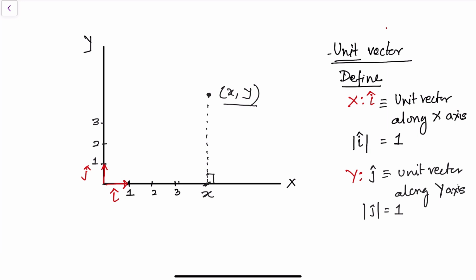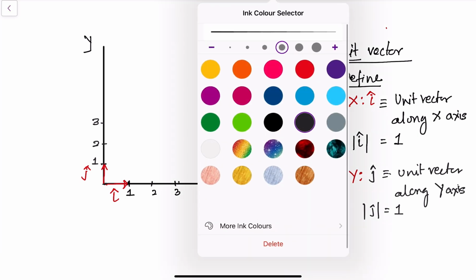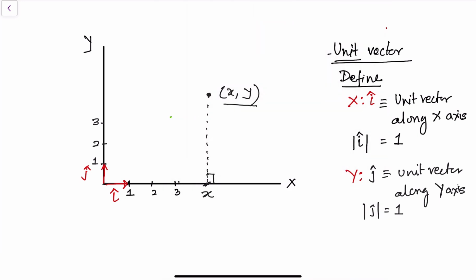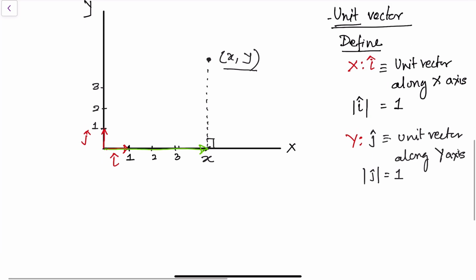Now I have a magnitude x. Can I design a vector in the direction of x, along the x-axis up till x? So how do I design this green vector? This can be designed very easily. I have a magnitude x, and I can multiply this with I cap.